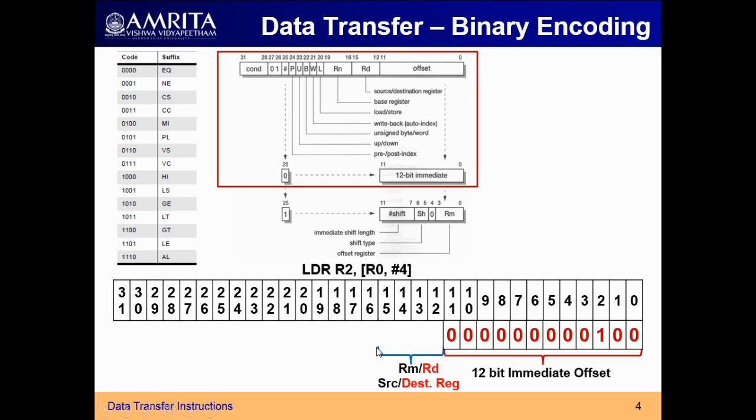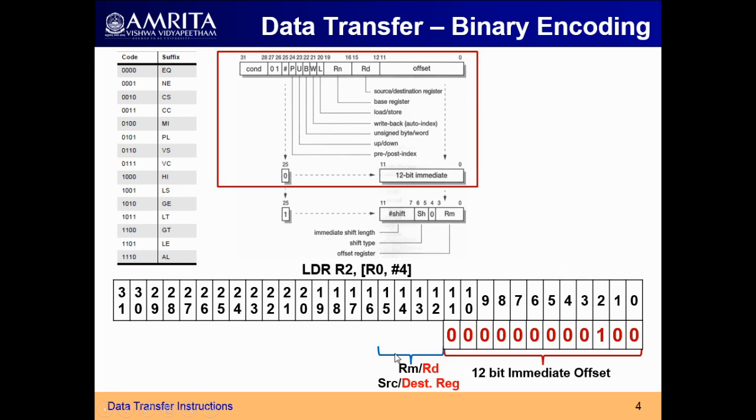Next 4 bits are used for representing source or destination register. In our case, since I am using LDR instruction, I am using a destination register. That is why it is shown in red, destination register. Because in load, you are loading from memory to a register. So here what is my destination register?